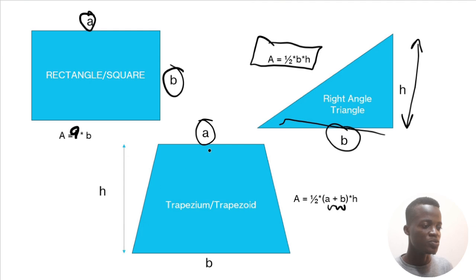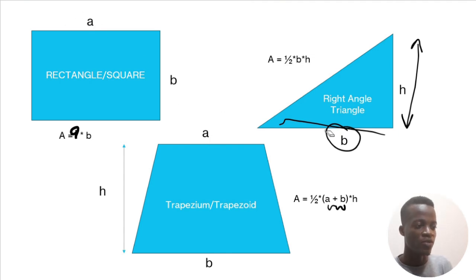That's the distance between the parallel sides, and it gives us the area of the trapezium. These are the basic things to know about these three common figures, so we look out for them. When we demarcate, we need to have at least one of them.